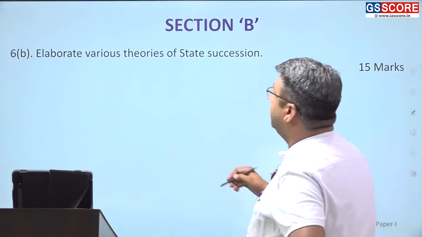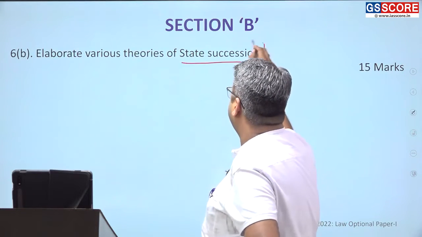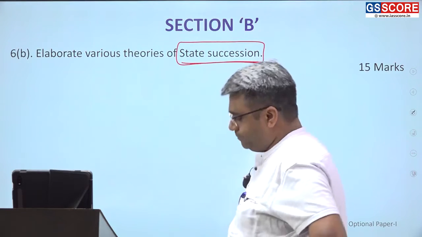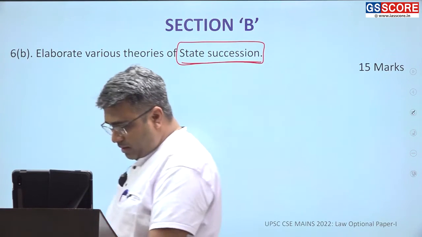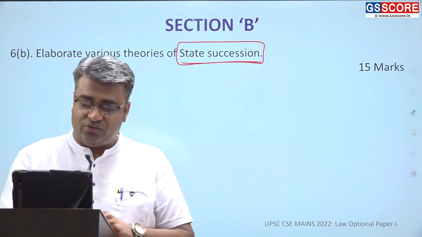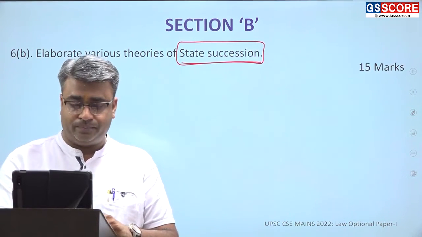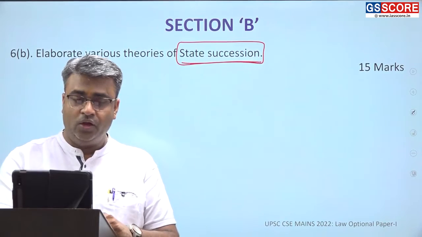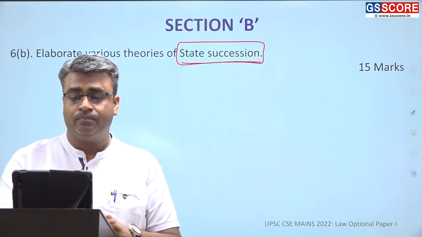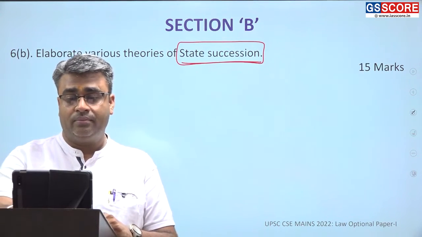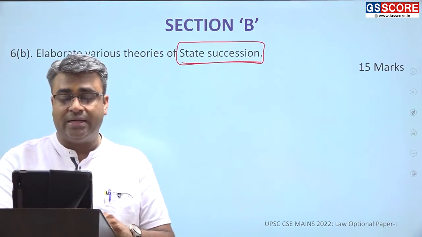Further, we have various theories of state succession. When we talk about state succession, we have to first understand what is state succession, and then what are the various theories of state succession.